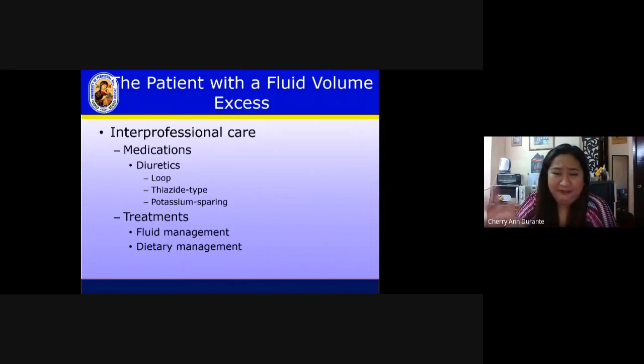Bakit? Kapag umiihi ka, isa sa mga nalalabas sa urine mo is potassium. So, pagka ngayon nagtitake ka ng diuretics, you have to check for your potassium, baka magkaroon ka ng hypokalemia. Kasi every time umihi siya, para malabas yung fluids, no, lumalabas din si potassium. So, at risk for hypokalemia.